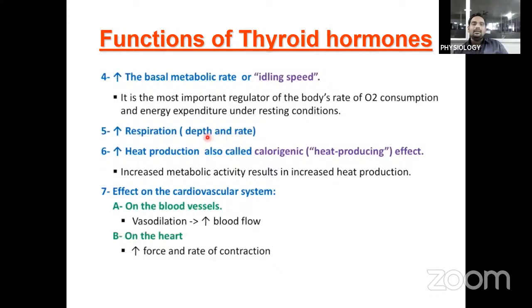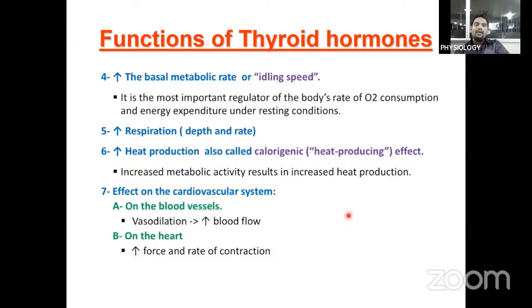By increasing the rate and depth of respiration, the oxygen consumption increases, so the oxygen demand of the cells will be easily met. At the same time, it will increase heat production. That's why it is also called a calorigenic effect. It increases metabolic activity and results in increased heat production.